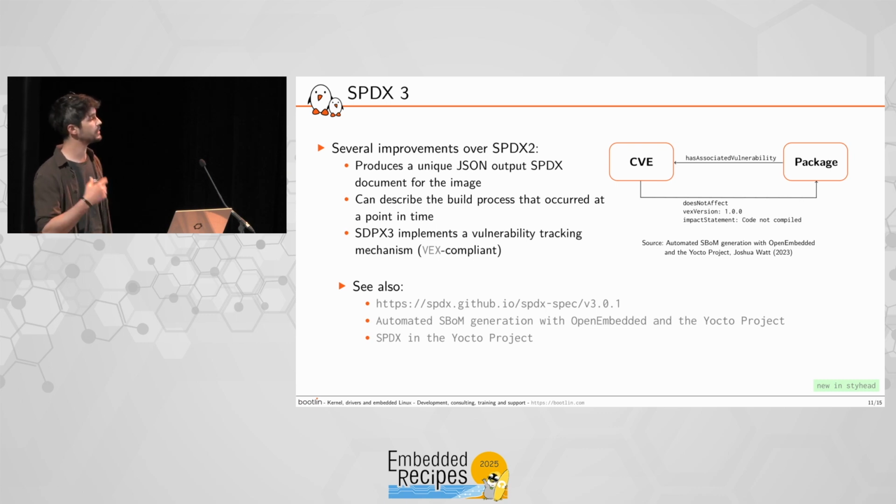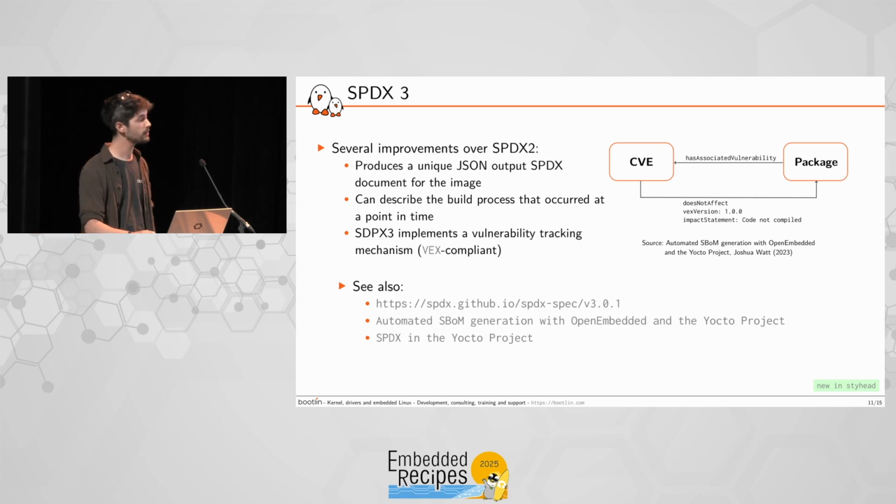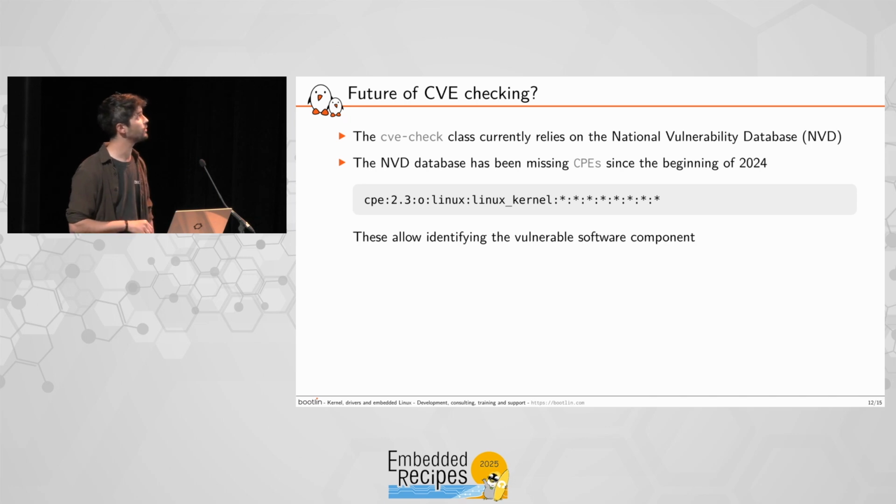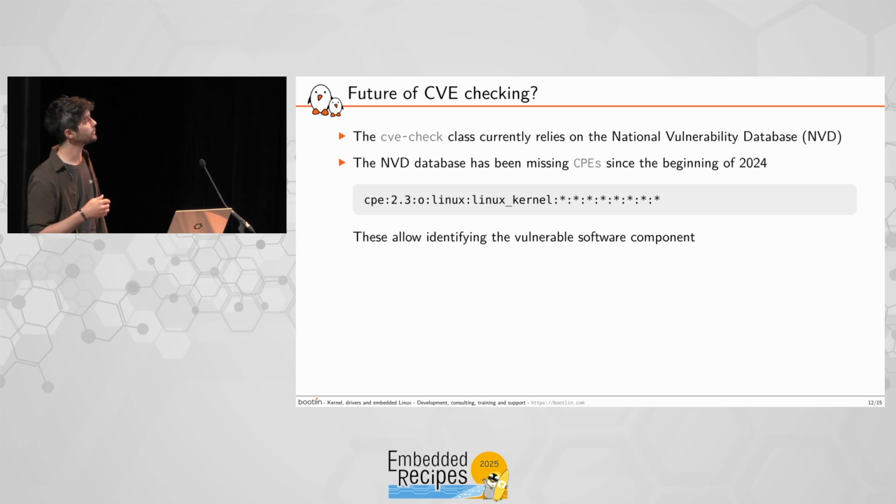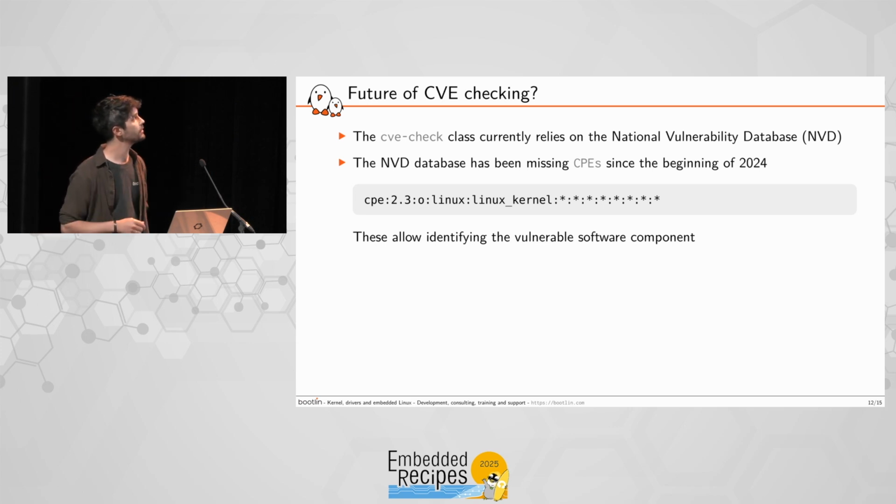And it leads me into another topic, which is the future of CVE checking within Yocto. So currently we have a class to monitor CVEs, which is called cve-check. And it relies on the NVD. And if you don't know already, there was kind of a lag with the NVD starting in the beginning of 2024.